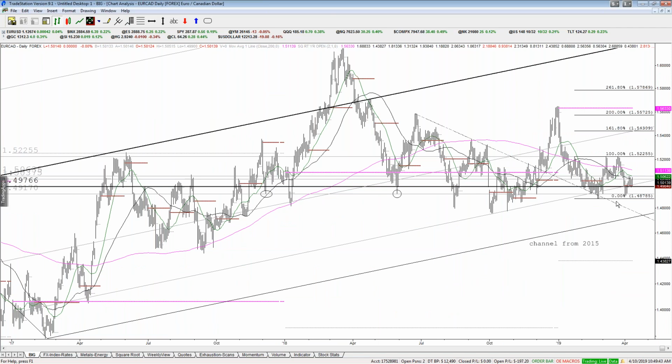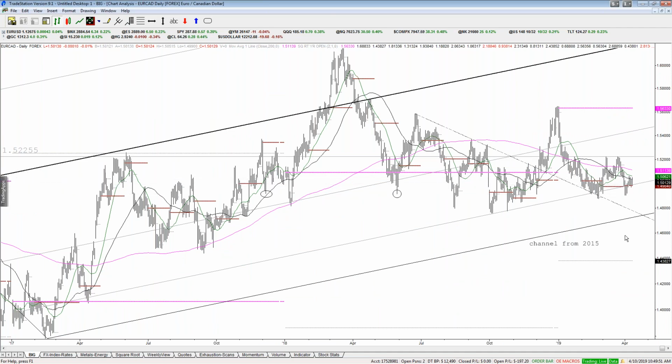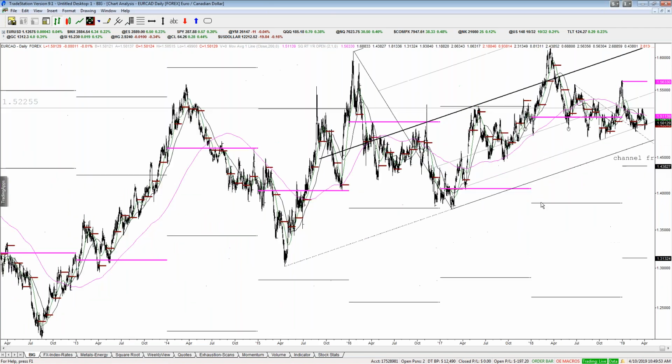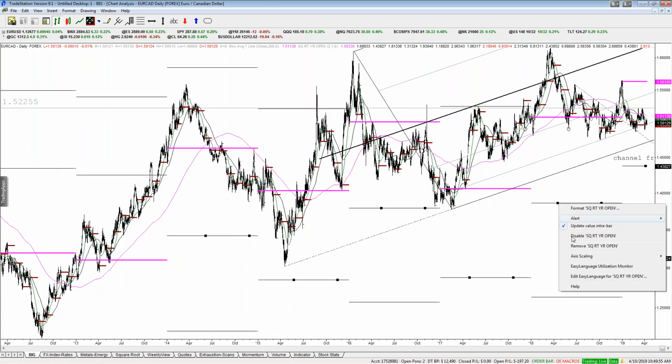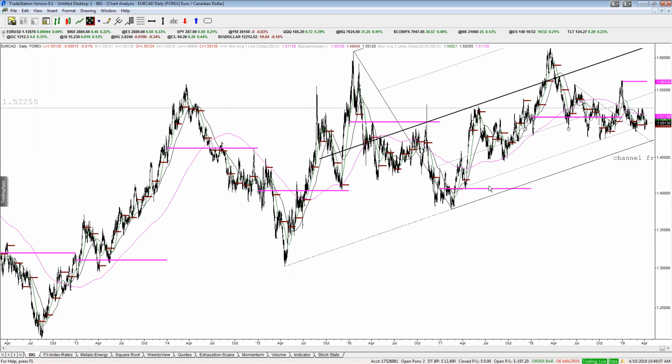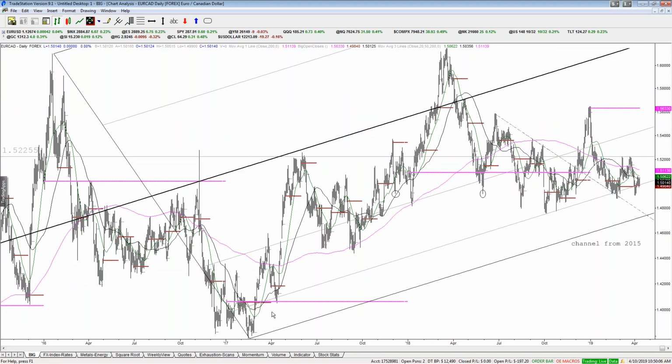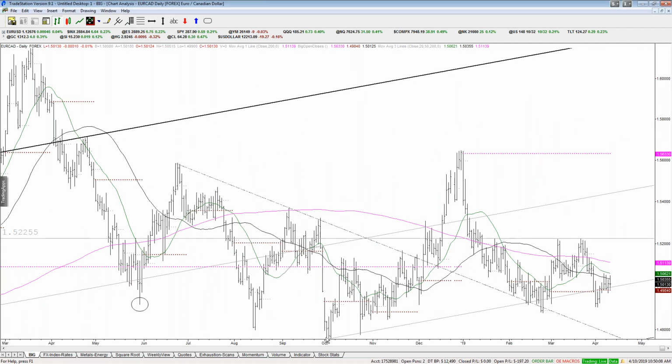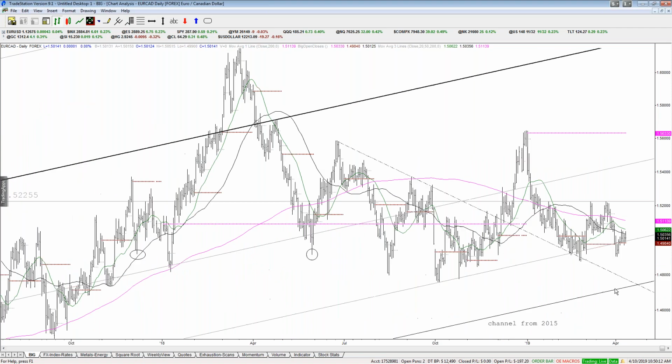Well, Mark, I've still got us a pretty important support here. If we bring up the channel back to the 2015 lows, the low here, trying to break, doesn't break.